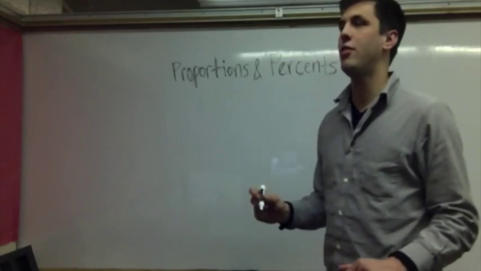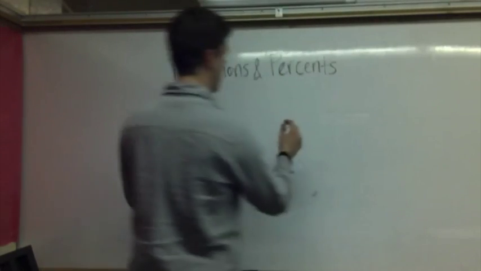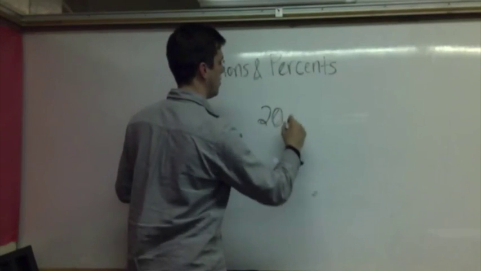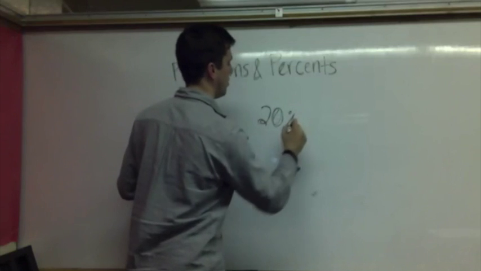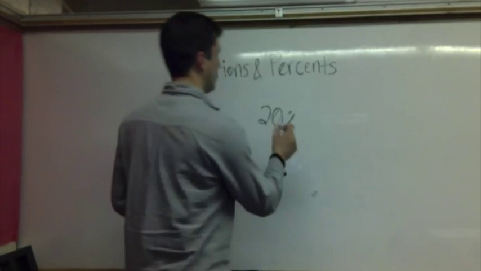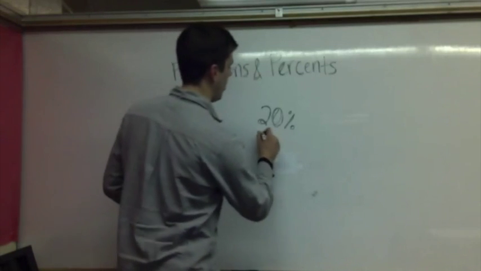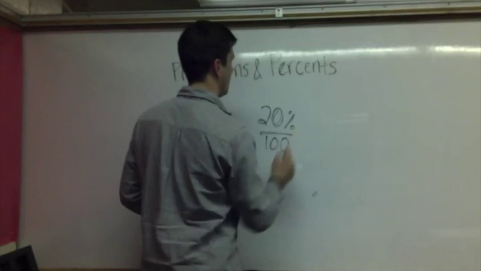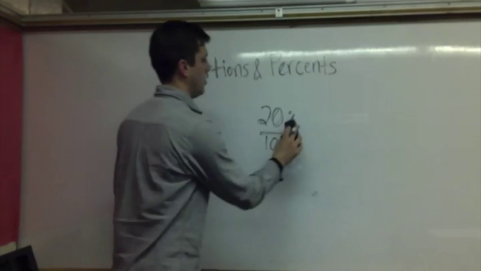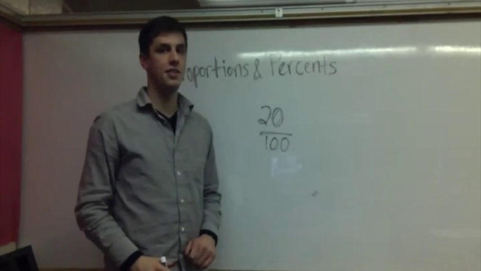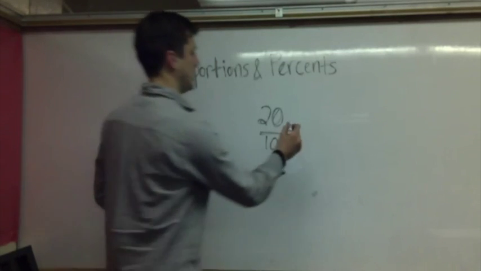So if you have 20% of a bill, what 20% means is 20 over 100. 20% means 20 over 100. That is your fraction.